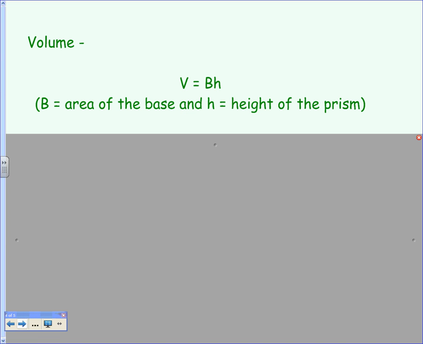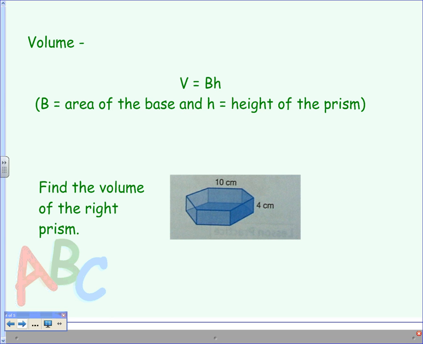Base times height? Area of the base times the height? You think you would be able to find the area of this base this time? Maybe?